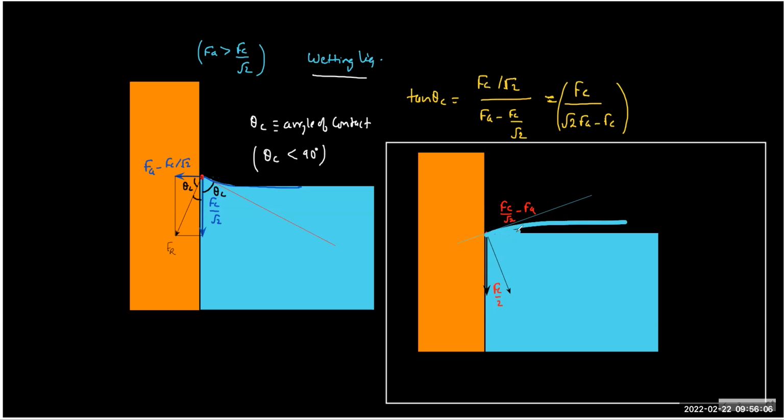Of course it will become flat later on, but near the wall it is going to be like this. This is what you can see.